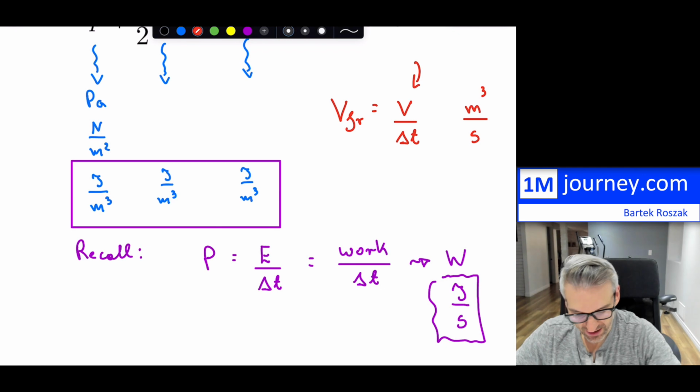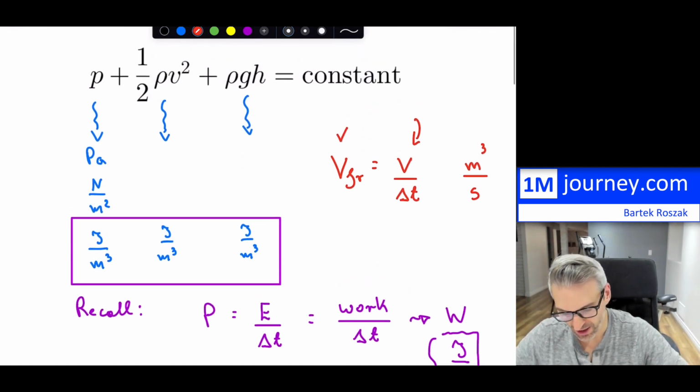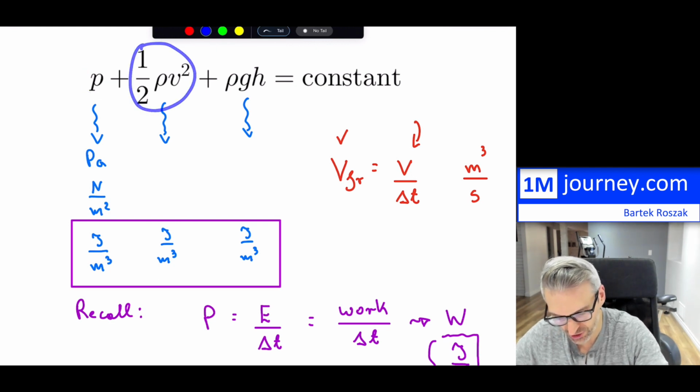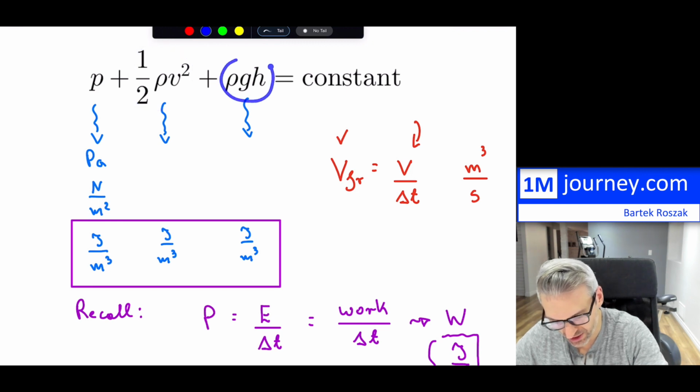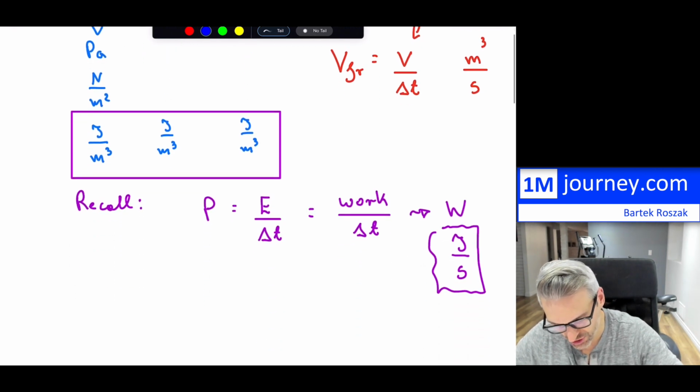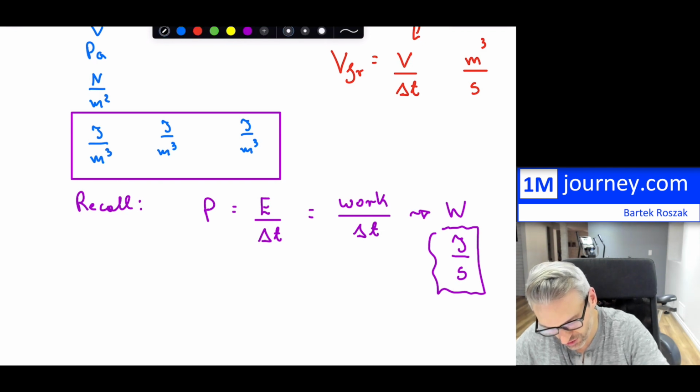If you take the volume flow rate and multiply it by any of these terms, whether the pressure, the kinetic term, or the potential term, all of which are energies per unit volume, notice what happens.